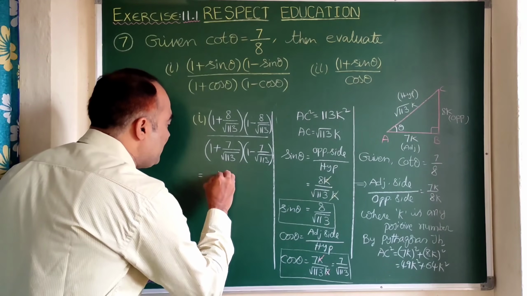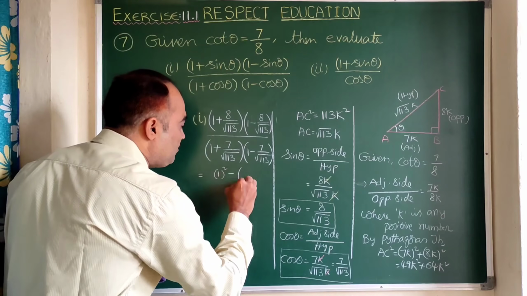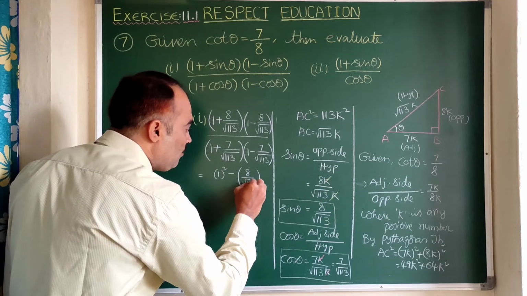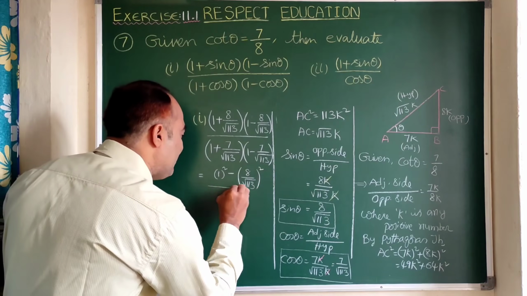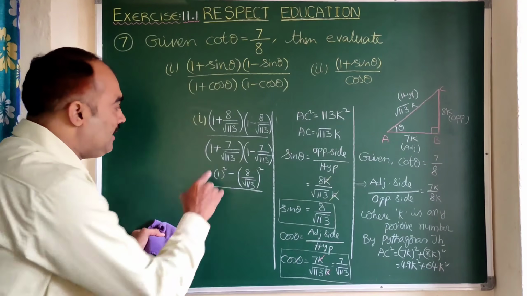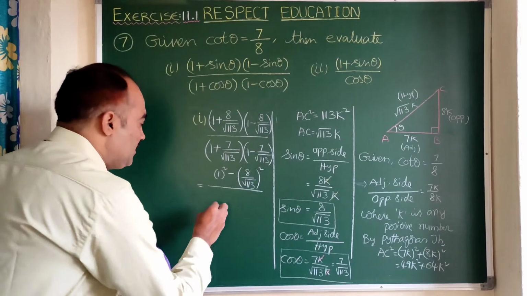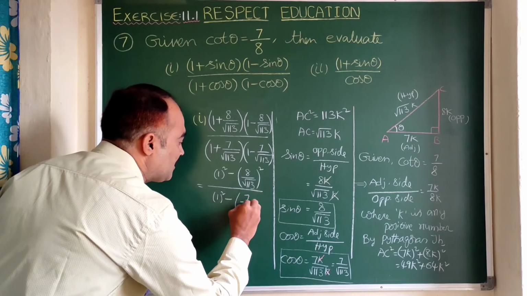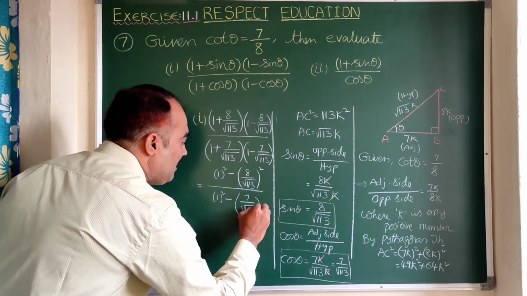So here A square means 1 square minus B square means 8 by under root 113 whole square divided by, here same A plus B into A minus B. So here A square minus B square means under root 113 whole square.